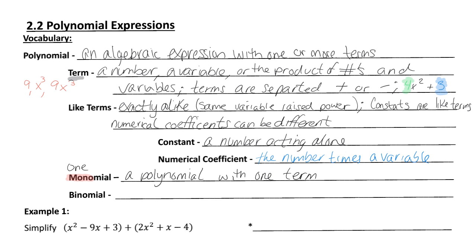Okay, think about what the root word bi means. So think about a bicycle. Okay, so that root word means 2. So that means 2 of something. Okay, so that means a polynomial with 2 terms.